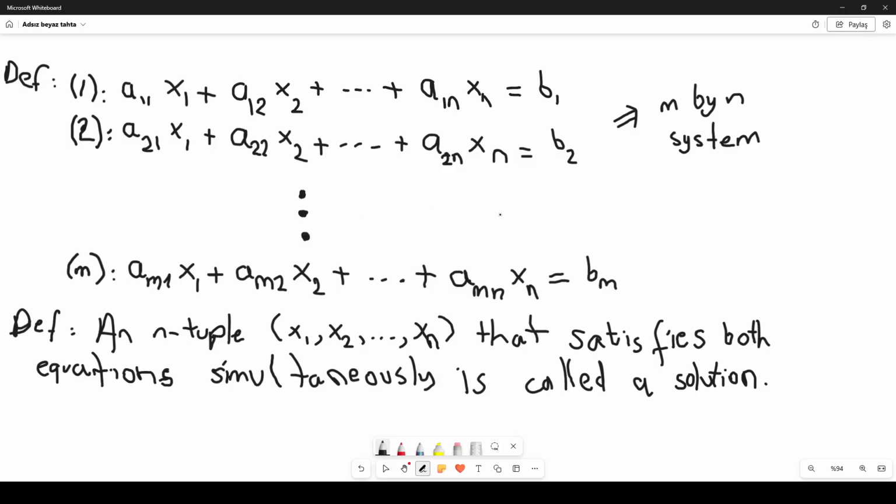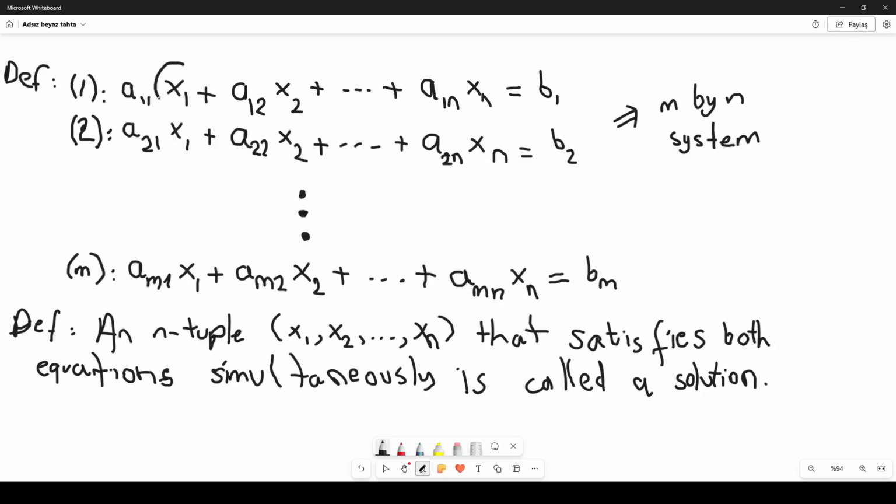How do I understand that? I just look at how many different equations are given in this definition, and if I count them, I see that we have m different values on the right hand side, so that means we have m equations. Okay, and we also have n unknowns.